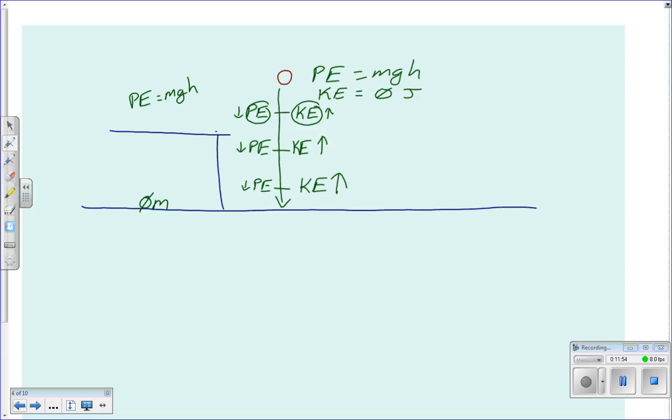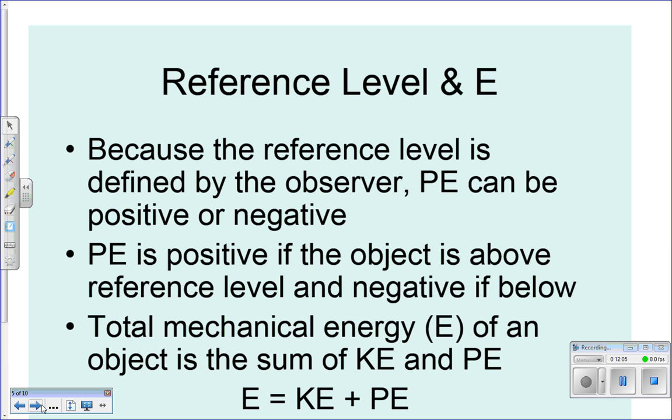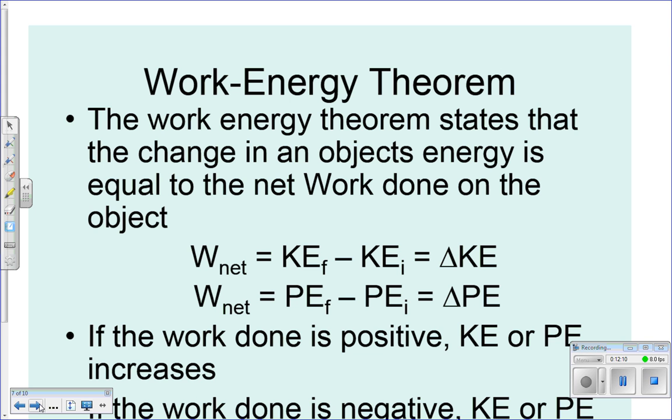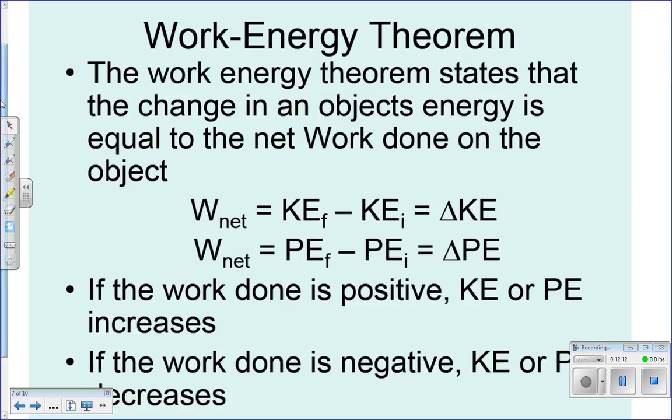And the sum of these two things is always equal to whatever it started out with. That's going to come a little later on. So the total of potential and kinetic energy, if you add those together, is called mechanical energy.